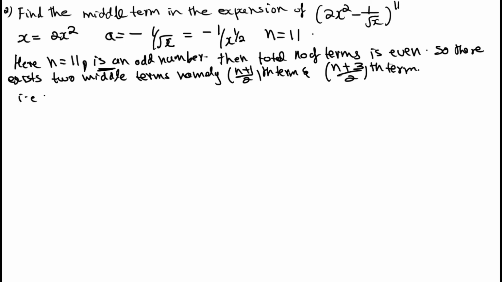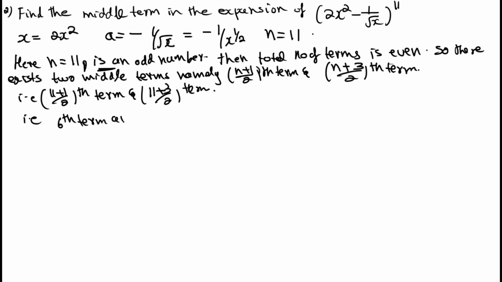That is, substitute the n value: (11 plus 1) by 2th term and (11 plus 3) by 2th term. Okay, that is 11 plus 1 by 2, that is the 6th term, and 14 by 2, that is the 7th term, which are the middle terms. Now see, the 6th term and 7th term are the middle terms.